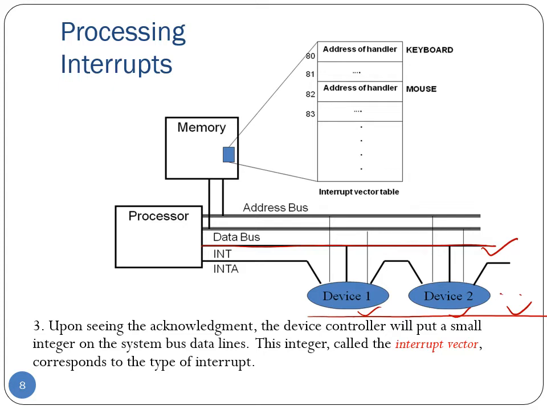The way this identification is done is, once the IO device that had caused the interrupt sees or receives an acknowledgement on this interrupt acknowledgement line, it will put a small integer on the system bus. This small integer is known as an interrupt vector, and the goal of this integer is to identify the device. So essentially, the IO device will put a small integer on this data bus or this system bus to identify itself.